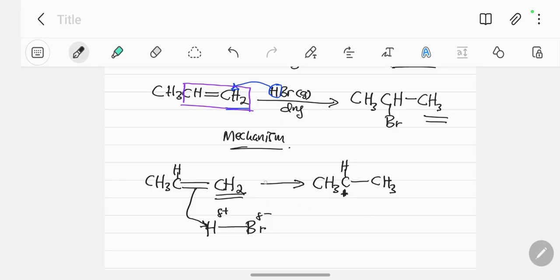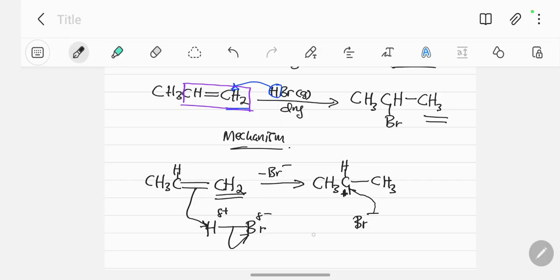Now as I remain with a positive charge, remember this bromine is breaking off, giving me loss of the bromide ion. So the bromide ion is going to use these excess electrons to attack.